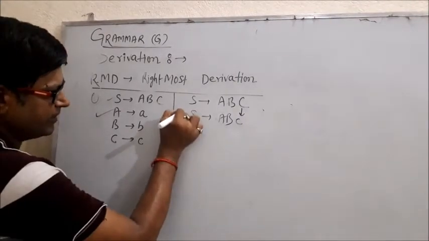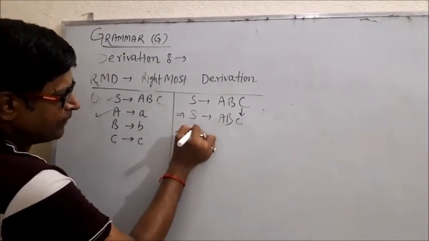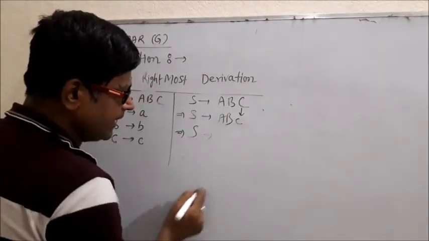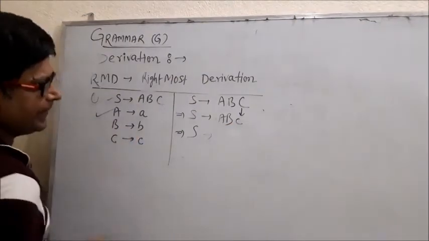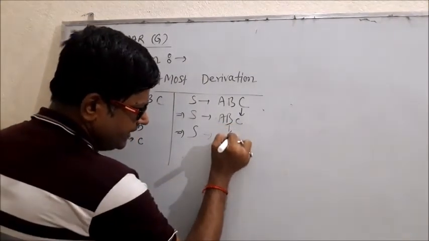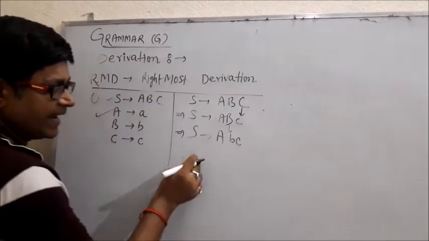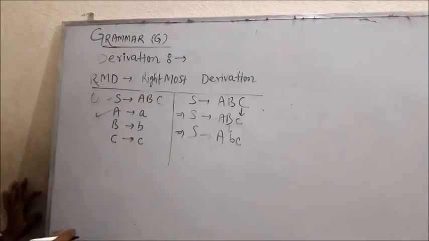Okay, fine. What is the next one? Next one will be S tends to, instead of B, now what will I write? Instead of B, I can write small b. So it will be capital A, small b, small c. Correct?